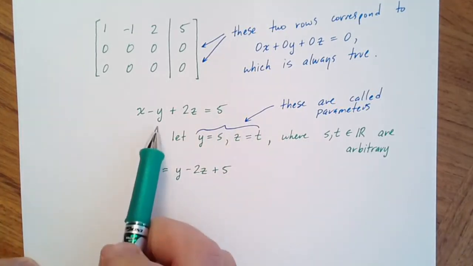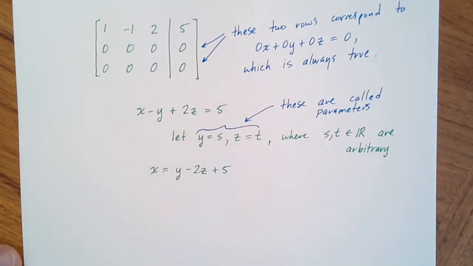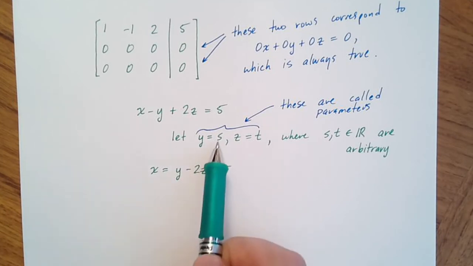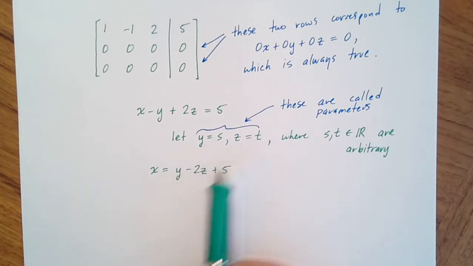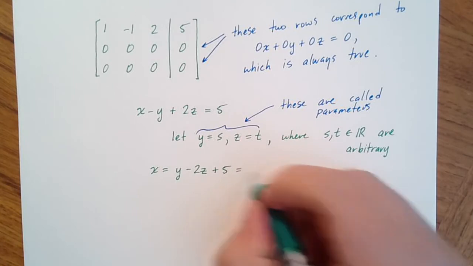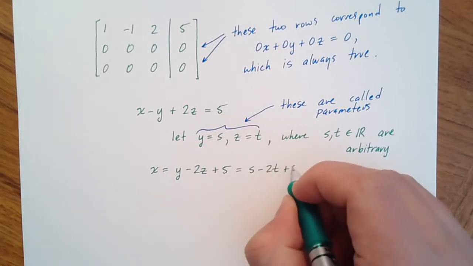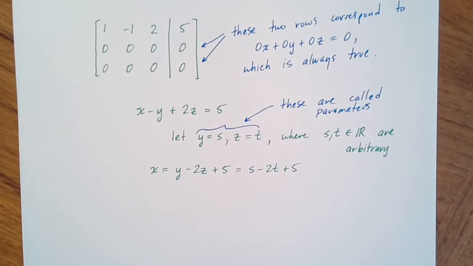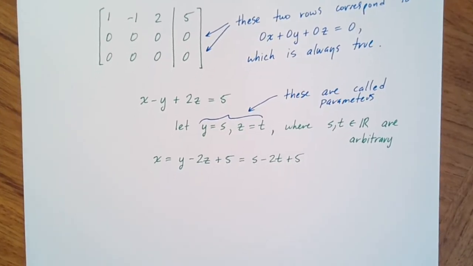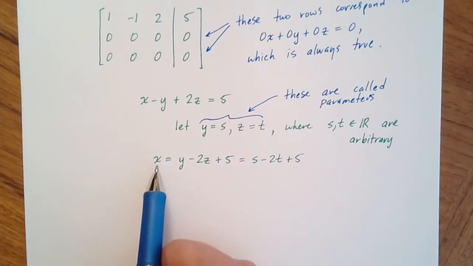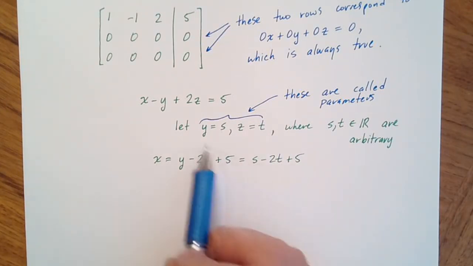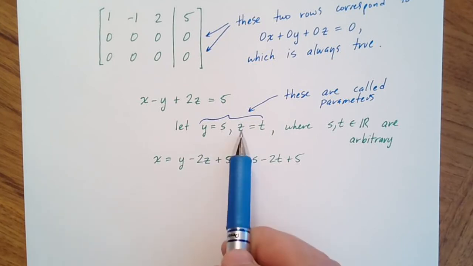If I just bring the y and the 2z over to the other side of the equation, that's what I would get. Then I'm going to go a step further and plug s in for y and t in for z, and what you get is s minus 2t plus 5. So now we have an assignment for every single variable. We've got x given right here, y given by this parameter s, and z given by this parameter t.